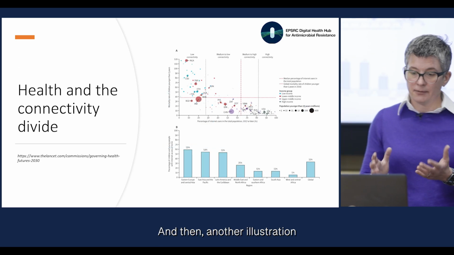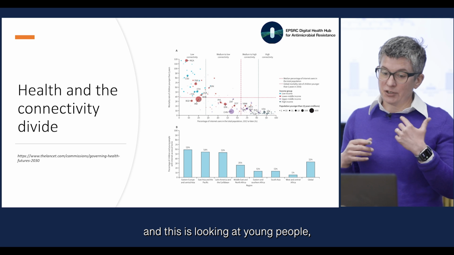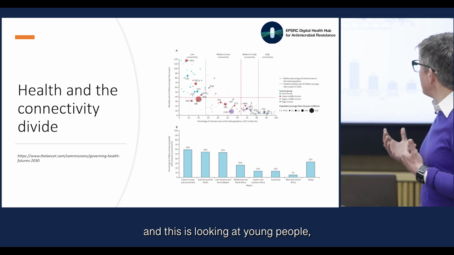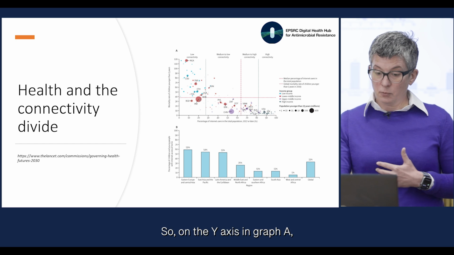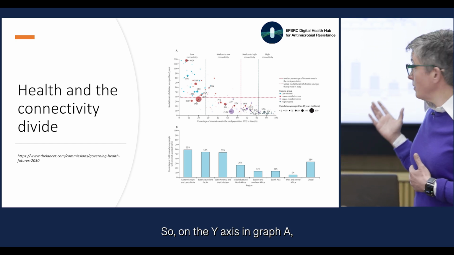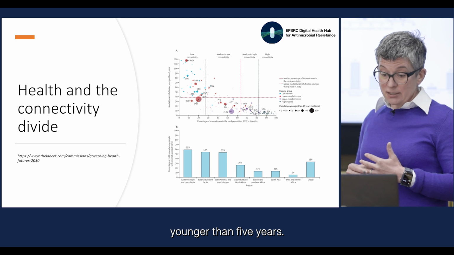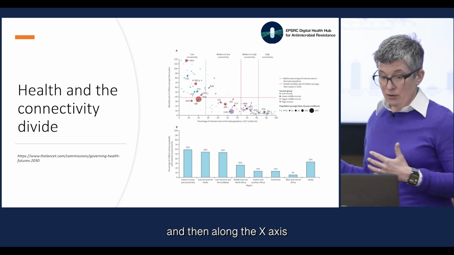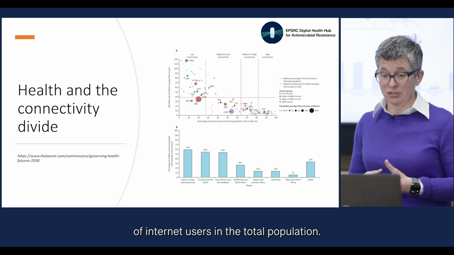And then another illustration of health and the connectivity divide, looking at young people and access to the internet. On the y-axis in graph A, you've got mortality rates of children younger than 5 years. Along the x-axis, you've got the percentage of internet users in the total population.